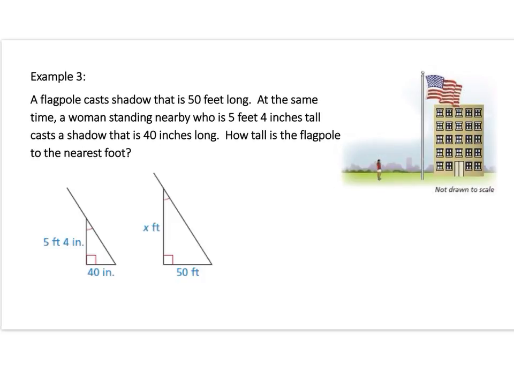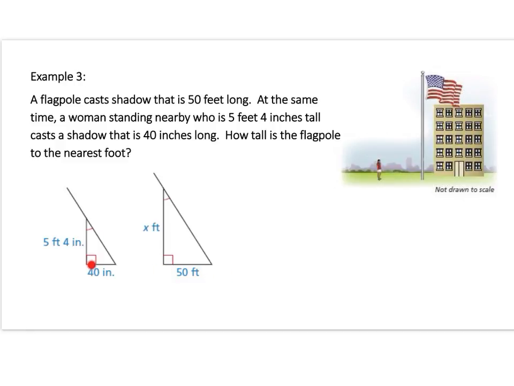Let's start by sketching the picture and labeling all of the parts. So here we have the 5'4" standing person, who casts a shadow that is 40 inches long. And then we have our building or flagpole, that we do not know how tall it is, that casts a 50-foot shadow.